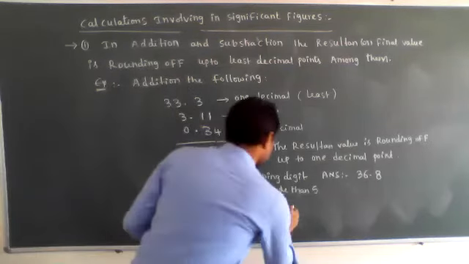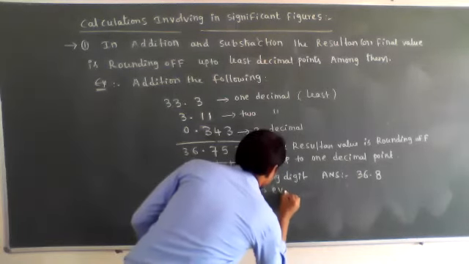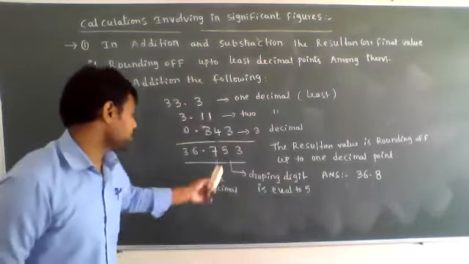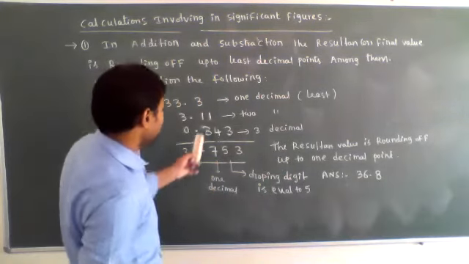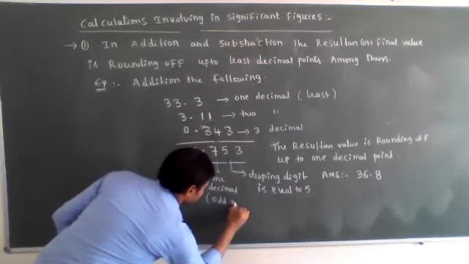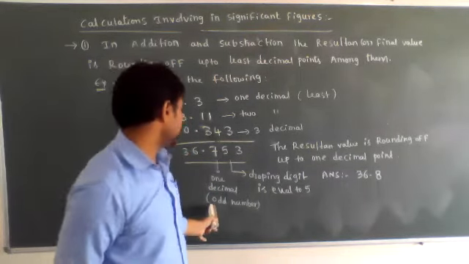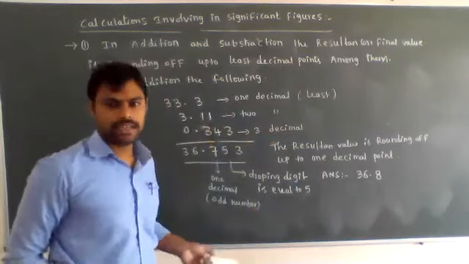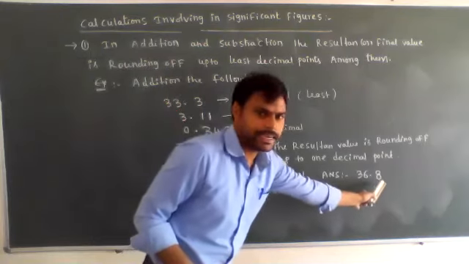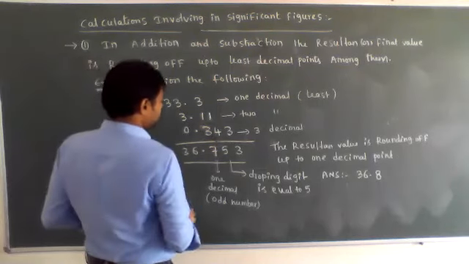Now the dropping digit is equal to 5, but the before digit is odd, so the before digit is increased by 1. The answer is 36.8 only. Okay.